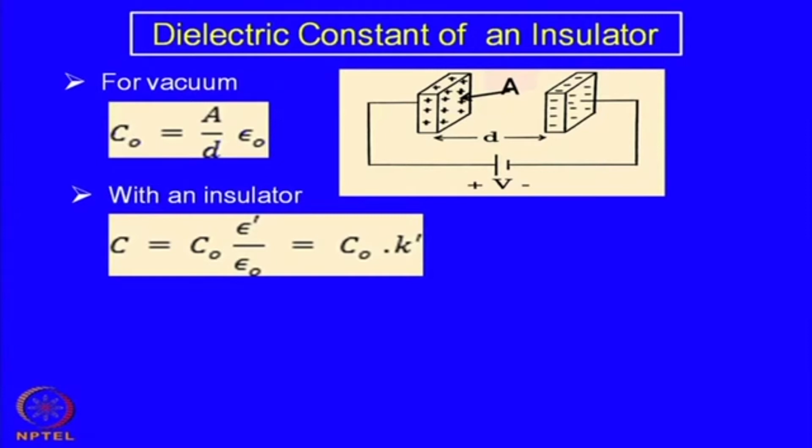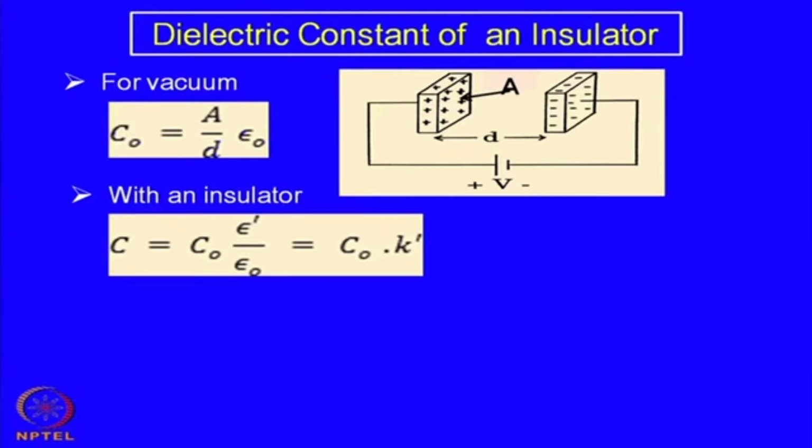C0 has been defined earlier in the previous equation. Epsilon prime is the dielectric permittivity of the material which you have placed, which replaces the vacuum. So, the overall capacitance with the insulator in place is C0 times K prime.